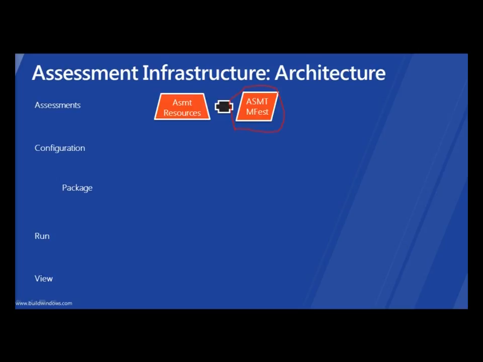Note that the assessment also creates results. It creates the values that get inserted into the results as defined inside the assessment manifest. We're going to talk about that a little bit later as well. So eventually, all these pieces that make up an individual assessment need to be delivered.